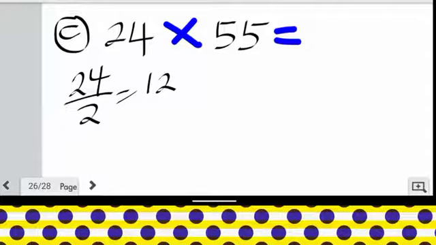When we divided this 24 by 2, what we have is a 2-digit number, which is 12. So therefore, we're supposed to write it as 12. But in this case, we are not going to write it like this. What we are going to do is write 12 and put another 12 like this.